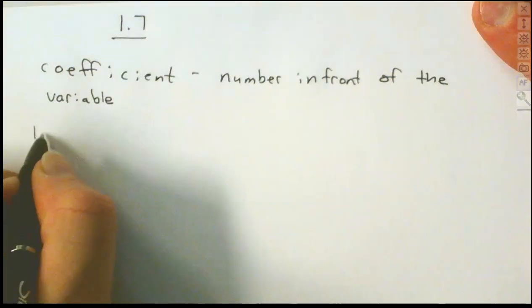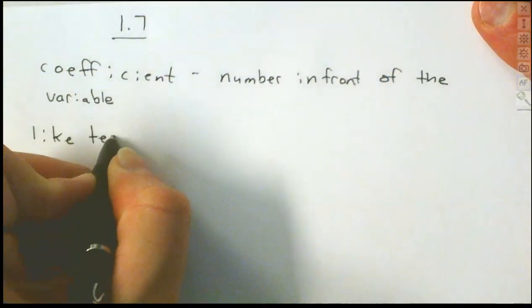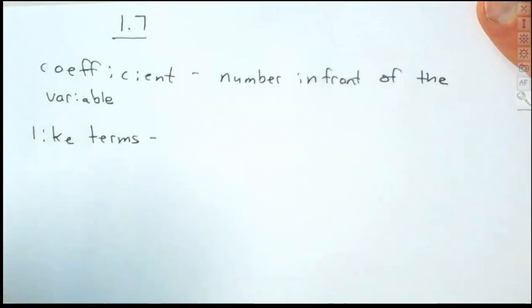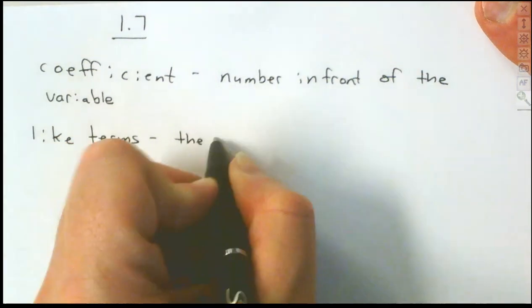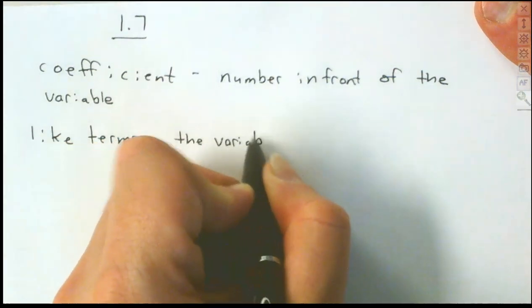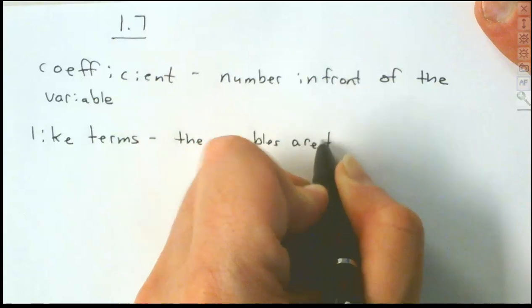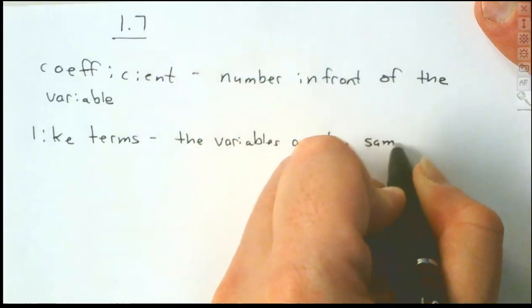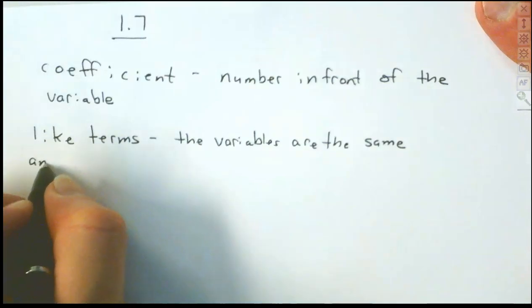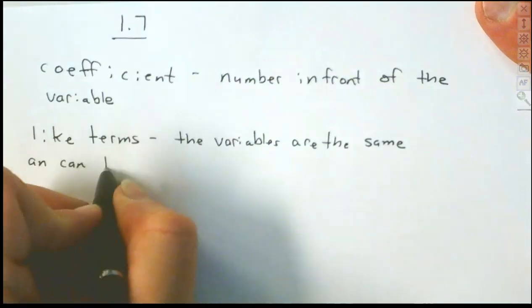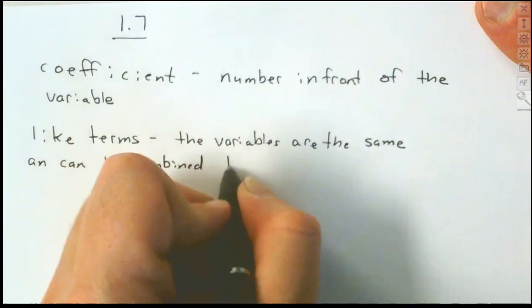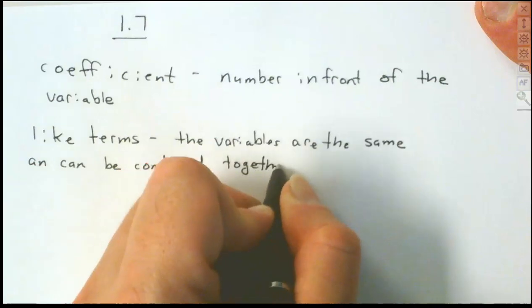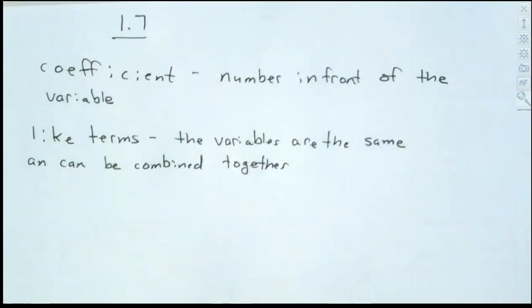Like terms, well, like terms mean they are the same. The variables are the same, and can be combined together. And once we go through these definitions, then we'll look at examples of each of these.